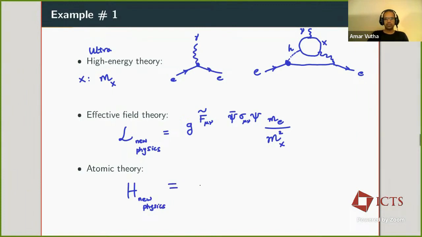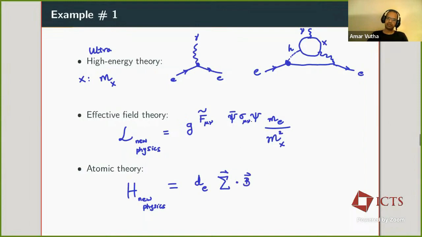And so the resulting Hamiltonian for new physics, you can now write down as a quantity which we'll call d sub e. I'll tell you what this is. And then we can write this down as a bunch of familiar operators. If this was a magnetic moment, magnetic field interaction, you would write this as the interaction of the electron spin with the magnetic field.